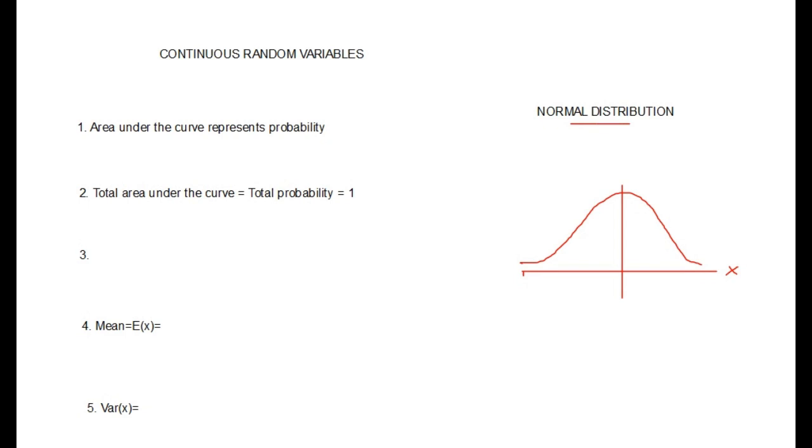This is what we used in grade 11 when we did the AS level math. So the normal distribution is a subset of all the distributions that continuous random variables take.